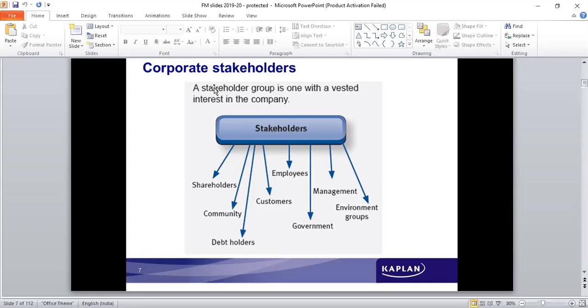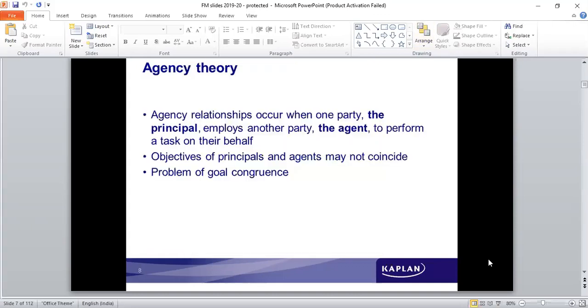So we see there are so many stakeholders whose interest is vested in the company. We're going to touch upon under each part of it what is their interest. So from time to time we are also going to touch upon the impact it would have on stakeholders. Okay. The next one, we see the agency theory.